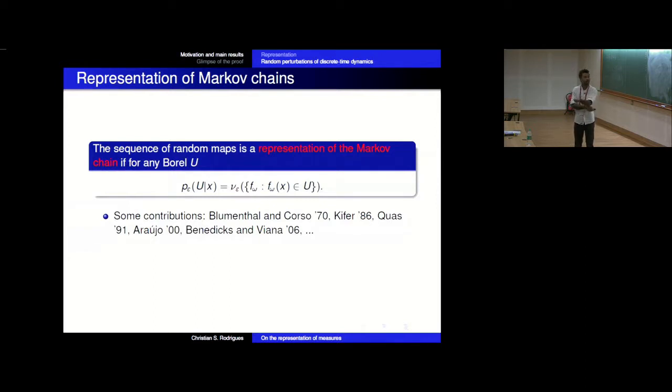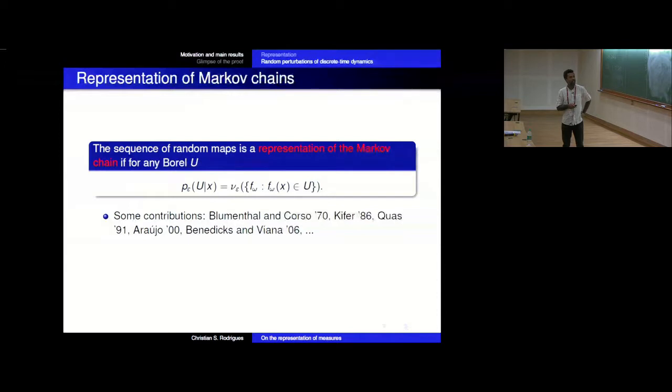I got to know about this in the book of Kifer. In the first chapter, he talks about this, I think in 86 or 88, I'm not sure. And he actually has a result in this first chapter, but he quotes another work by Blumenthal and Corson, from the 70s, which is not the same person who is here, he's a bit too young for that, but no relation, I asked yesterday.